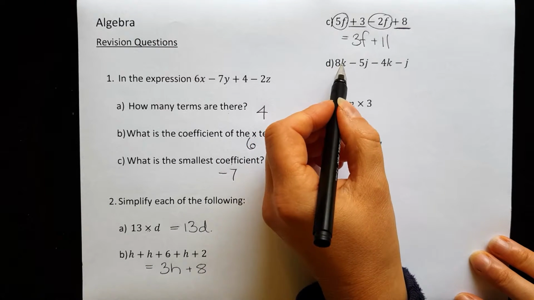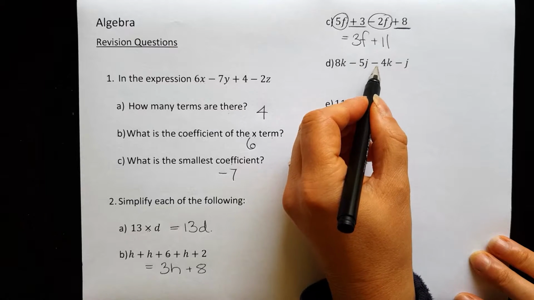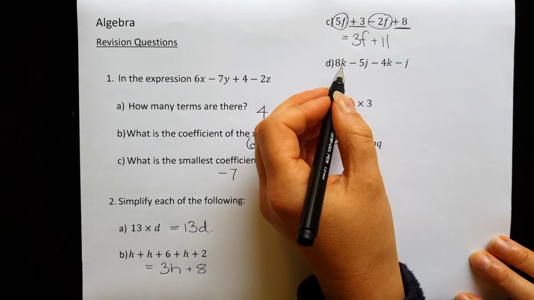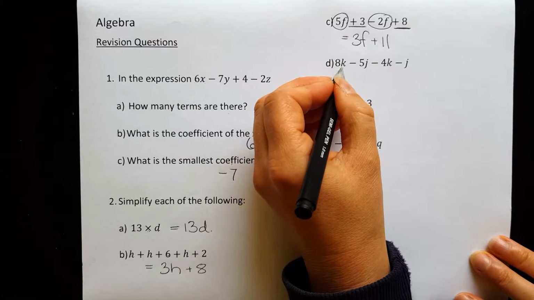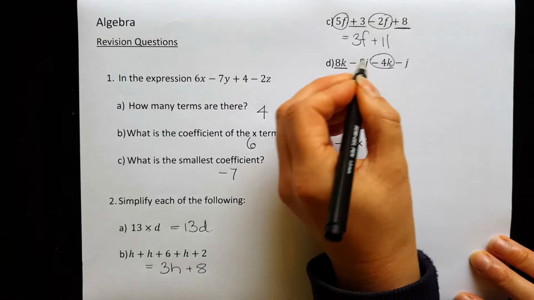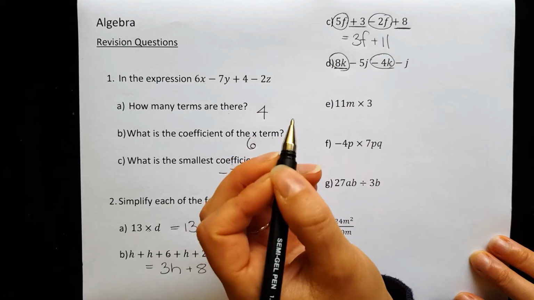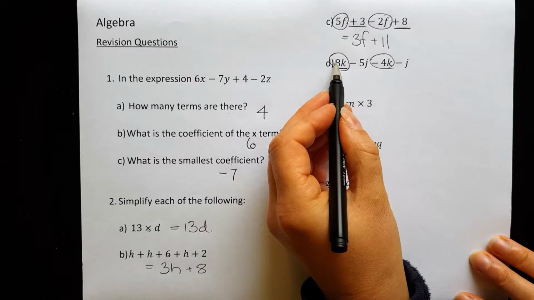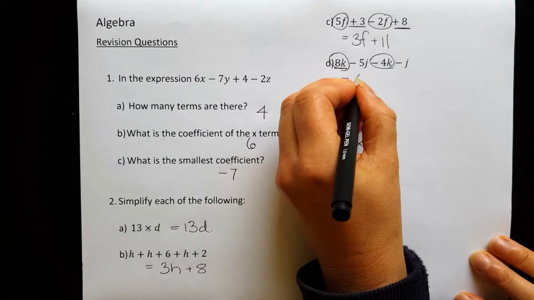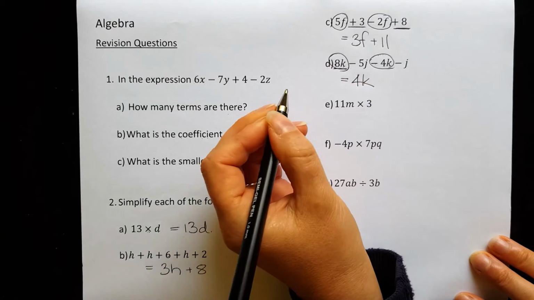Okay, for D, 8k minus 5j minus 4k minus j. Subtracting in here, so we need to look for like terms. 8k and minus 4k, let's put a circle around them. They are like terms. 8k minus 4k, 8 minus 4 is 4k.